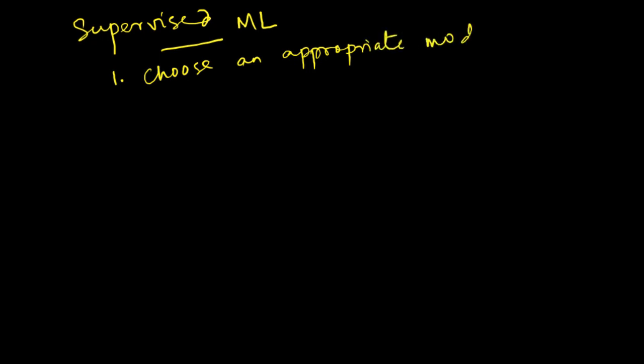When we say that you choose a model, basically what we are saying is that you choose a particular hypothesis function H and the cost function C. This H could be linear regression, logistic regression, ANN, and so on, and your C could be least squares, binary cross entropy, categorical cross entropy, and any other function.